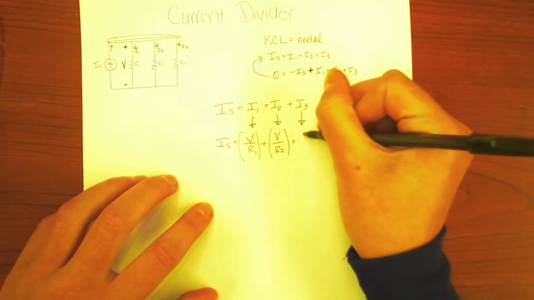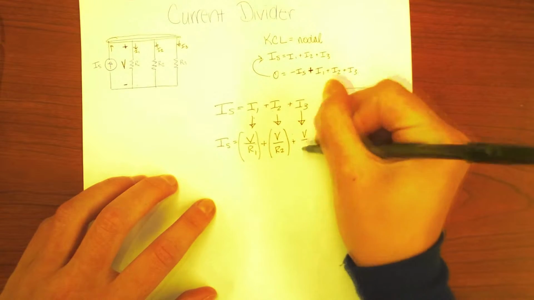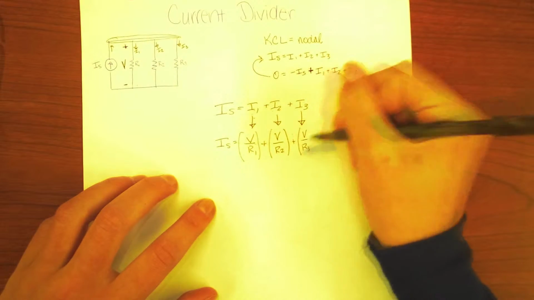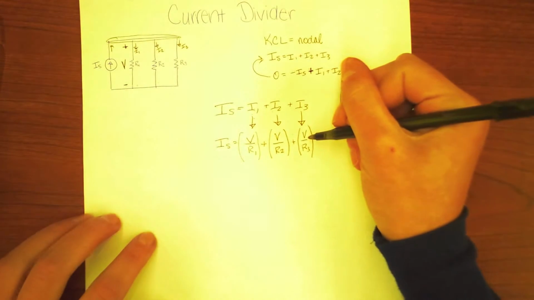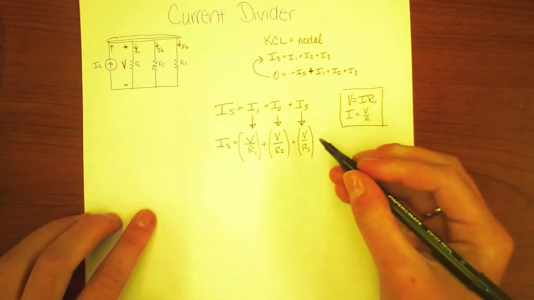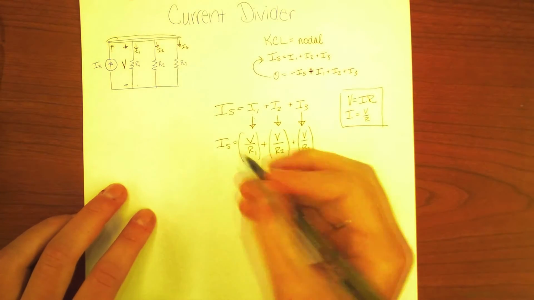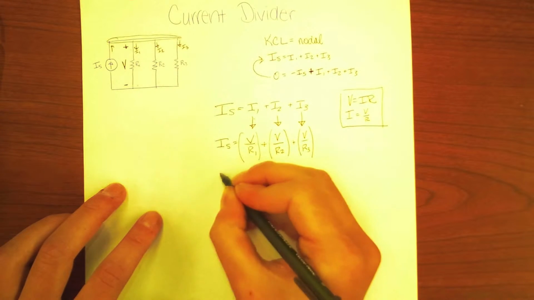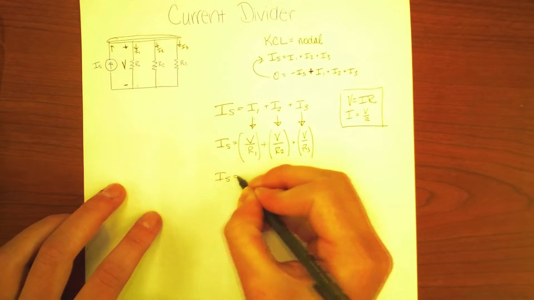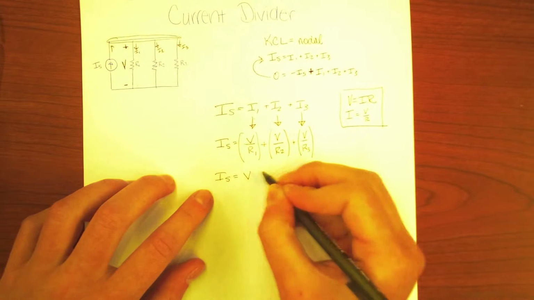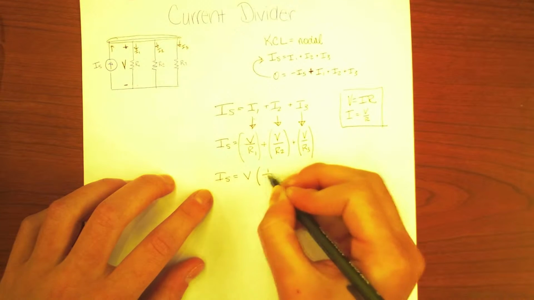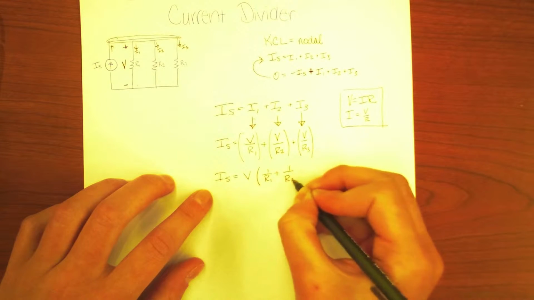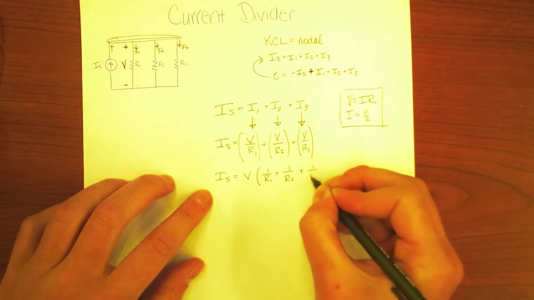And the same thing for I3 here. Rearranging this just a little bit, we're going to have IS equals V times 1 over R1 plus 1 over R2 plus 1 over R3.